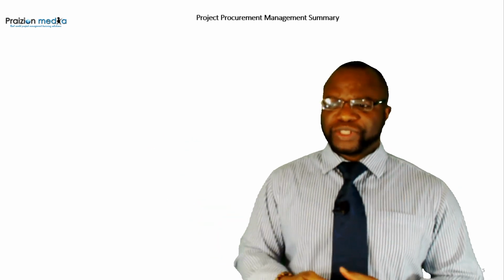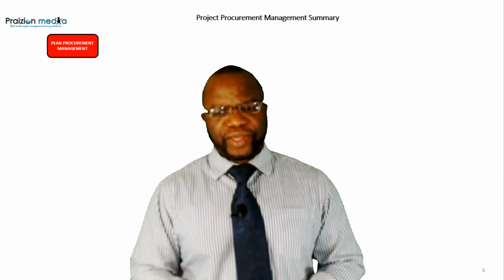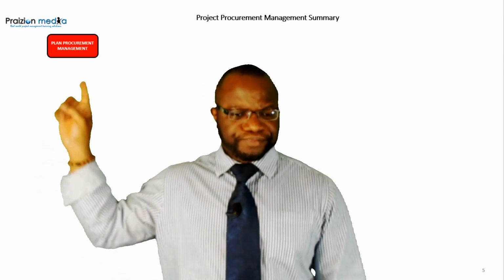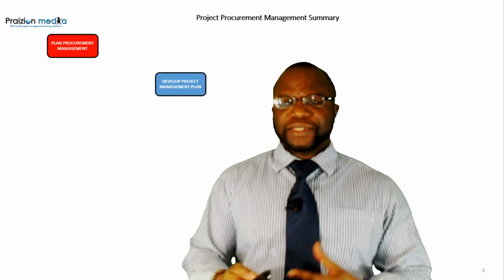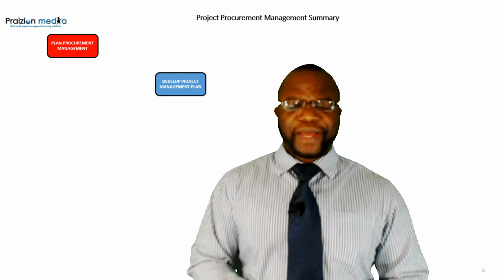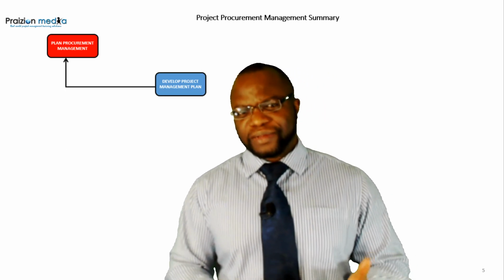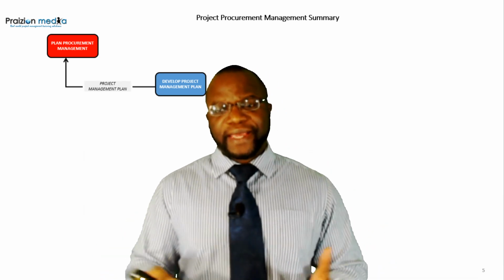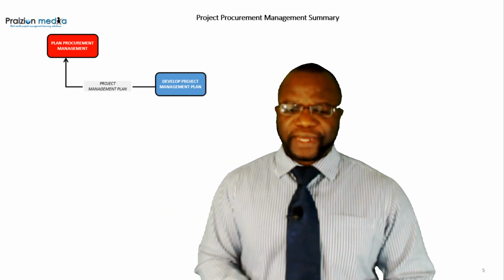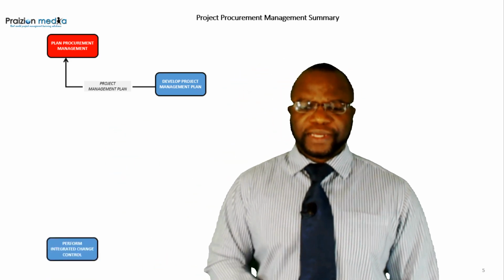I really want to spend some time showing you an example here. Take, for example, project procurement management as a knowledge area. It starts off with plan procurement management. Plan procurement management interconnects with develop project management plan. How? There's a feedback loop from develop project management plan into plan procurement management, as you already know from your studying.